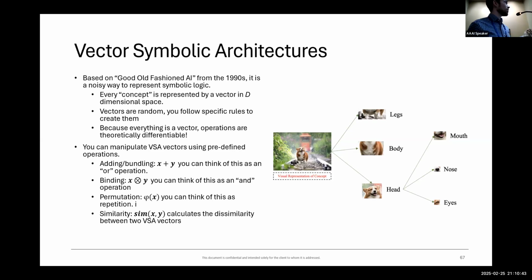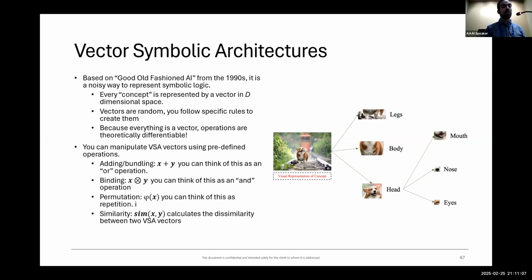I'm combining two things. You can have binding, which is sort of like AND, like I'm assigning these two things together. They are now intrinsically linked. Permutation, you can think of this as repetition. I could have a vector representing position 1, and I can permute it to get position 2, and permute it again to get position 3.